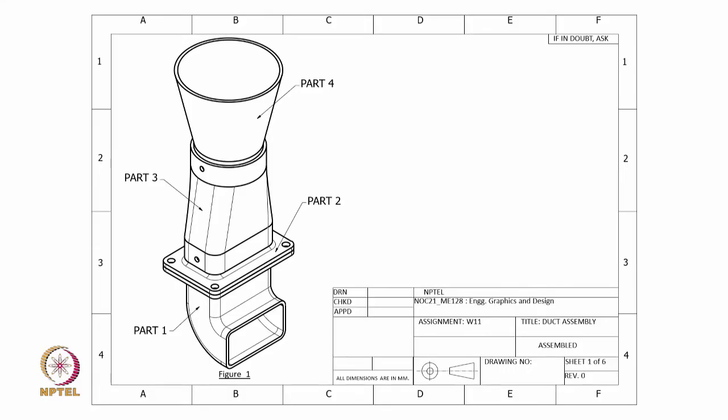For that, let us go back to the problem. We notice that there are holes in part 3. These holes also match the holes present in part 2. So, we need to ensure that the axes of these pairs of holes match between part 2 and 3.